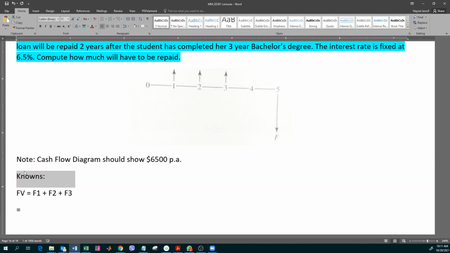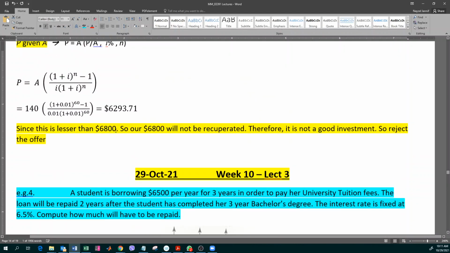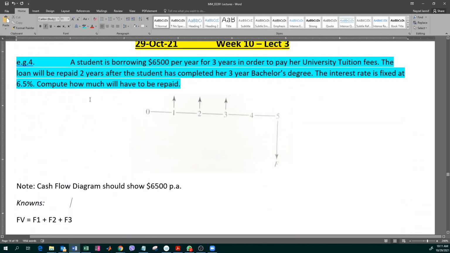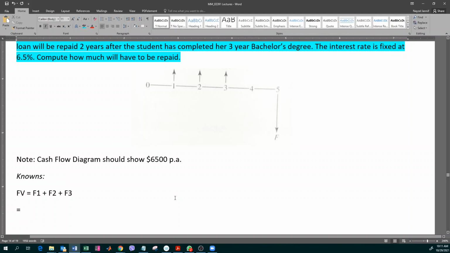Our knowns are $6,500 for years 1, 2, 3, and then $0 for years 4 and 5.